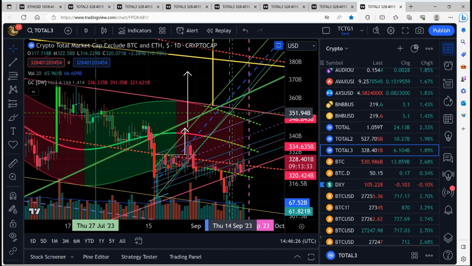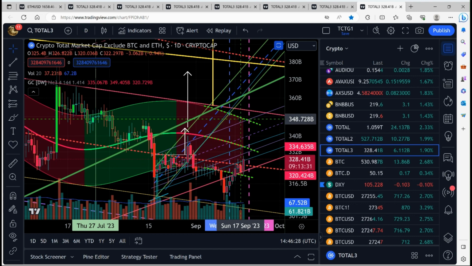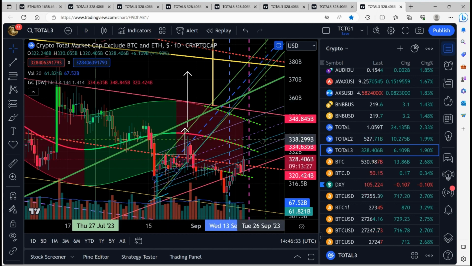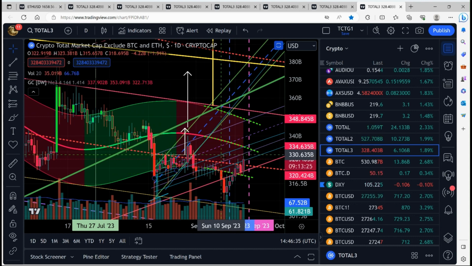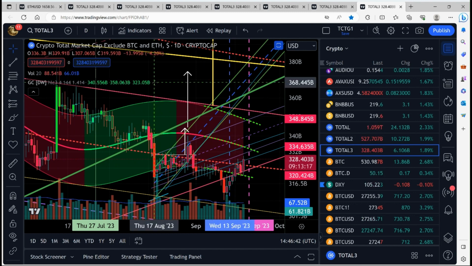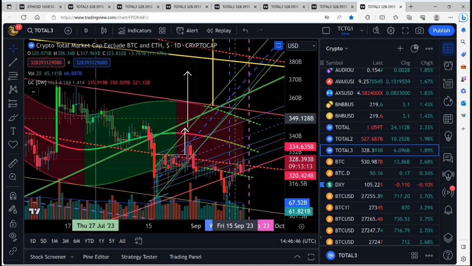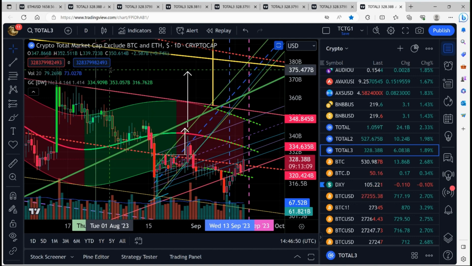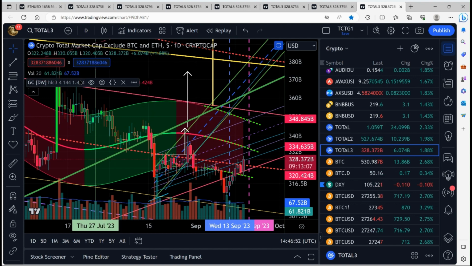The top, the mean band, and the bottom of the daily Gaussian channel. Now I adjust these frequently because as the price action moves on, these channels change pretty dramatically. They're very curvy, so these lines need to be adjusted from day to day and week to week.